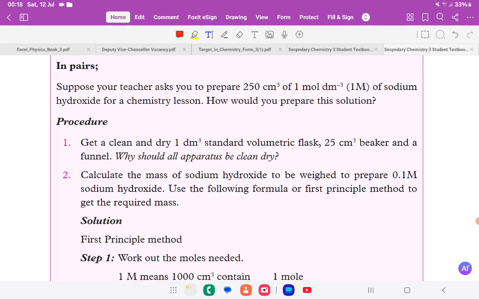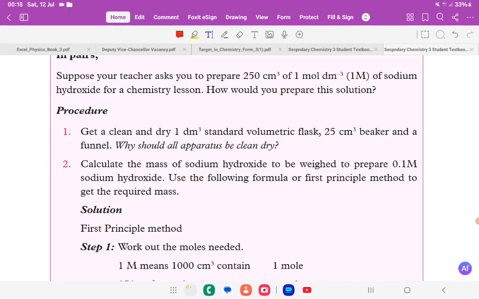Maybe before that, if we change this to cubic decimeters, you just have to divide by 1000, because I mentioned that 1000 cubic centimeters is the same as 1 cubic decimeter.